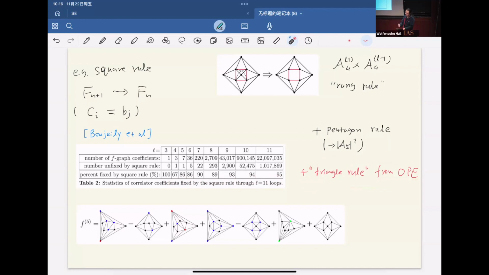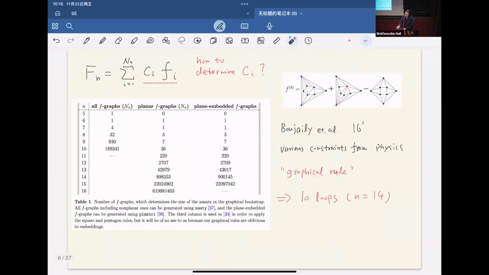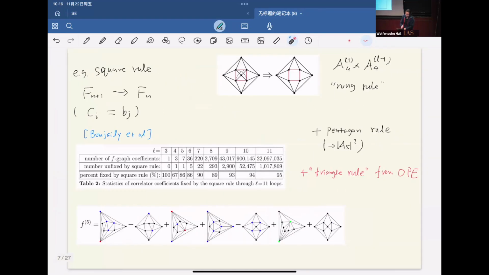The square rule comes from the fact that correlators contain the 4-point amplitude squared in them. So, for example, if you apply it to the 4-loop case, the square rule allows you to fix 2 of the 3 graphs, but for the last one you have to use some other rule that I'll mention.